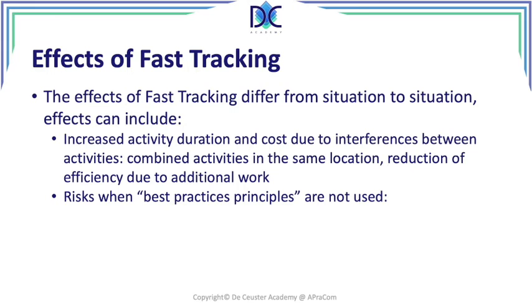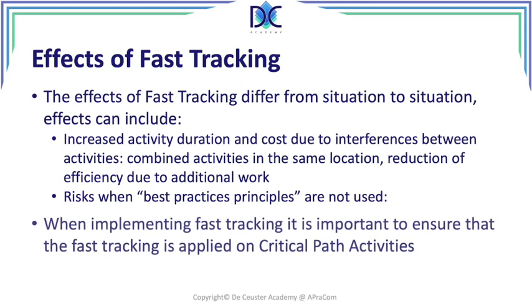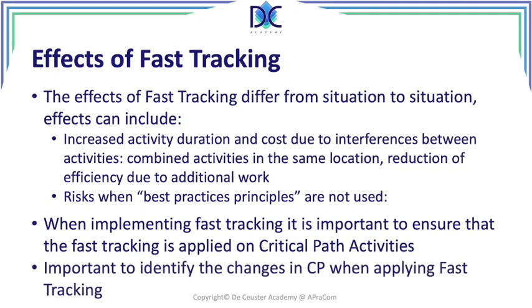It's also very important when we look at fast tracking that we apply this on critical path activities. If we use fast tracking on activities which are not on the critical path, then we will not have the desired effect. It is very important to identify the changes in the critical path when we apply fast tracking.